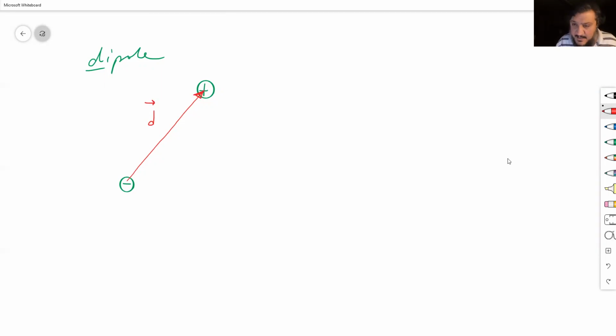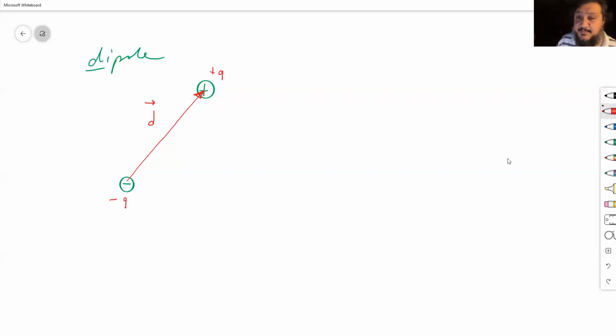And the charges are positive Q and negative Q. Let's say they have the same charge, magnitude-wise, but opposite sign. A dipole is a vector which is made of these two charges, okay? Whether you have a physical object between the two charges or not doesn't matter. What matters is the distance between the charges is fixed, okay?